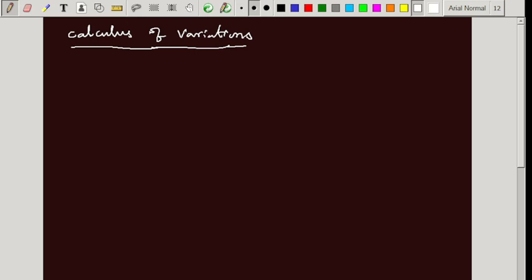Calculus of variations. So here we have studied the functions. Let y equal to f of x. So here y is a function of x. Here in calculus of variations, we are discussing functions of the form f of x, y, y dash.